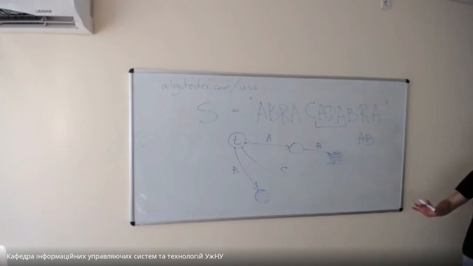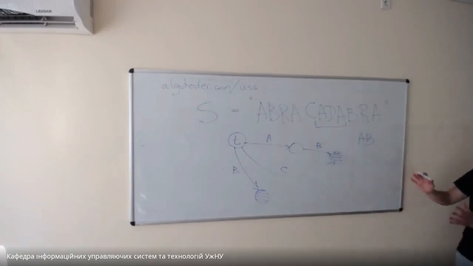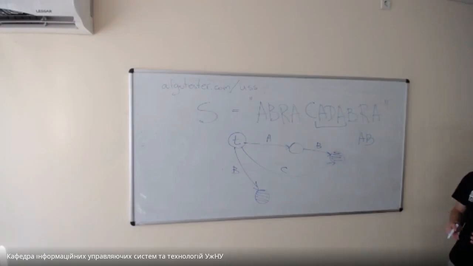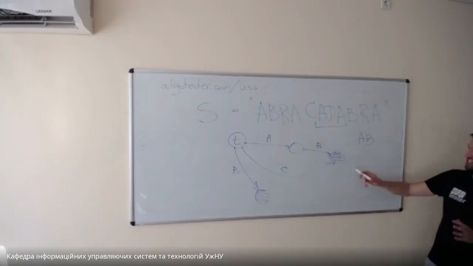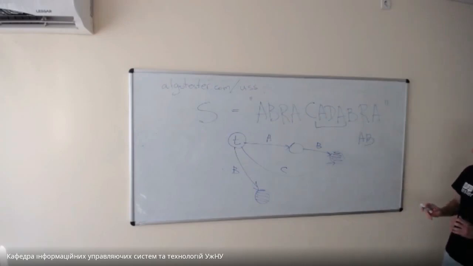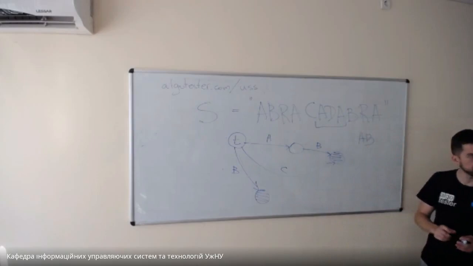So it's quite simple. Directed acyclic graph with vertices, which are called states, and directed edges, where each edge has a character assigned to it. And then we start from the initial state.